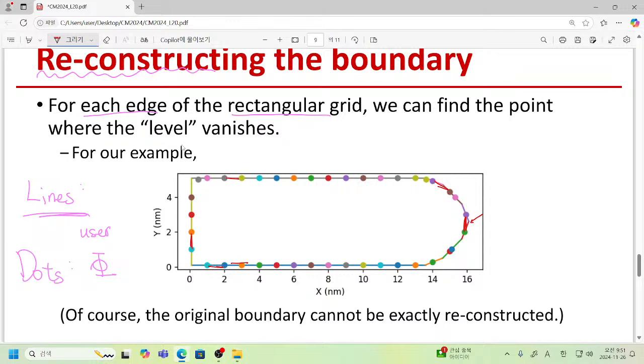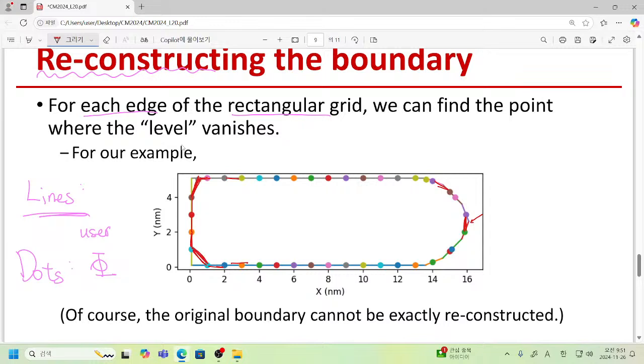Also, you can see that the user wanted to have a right angle on this left side. However, from this one, you just have a little bit of a rounded shape shown here. Also, you have a rounded shape here.